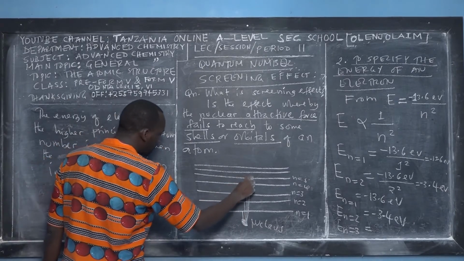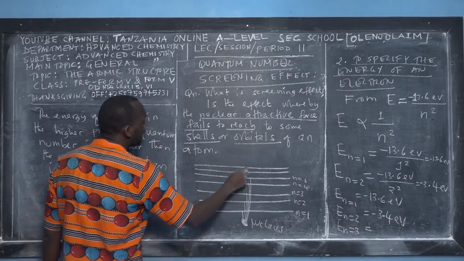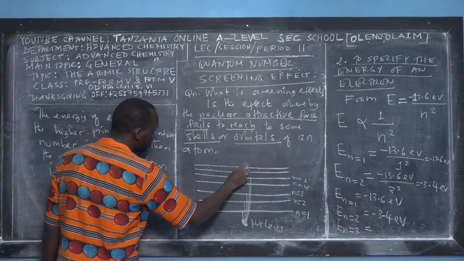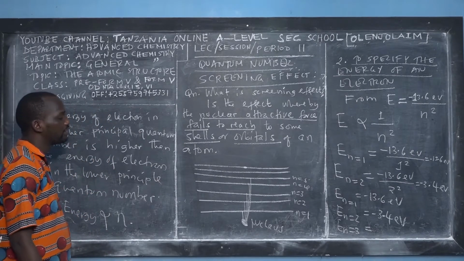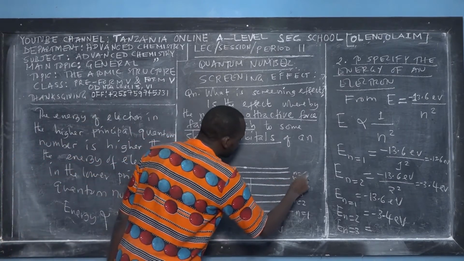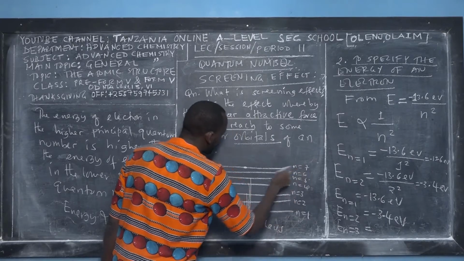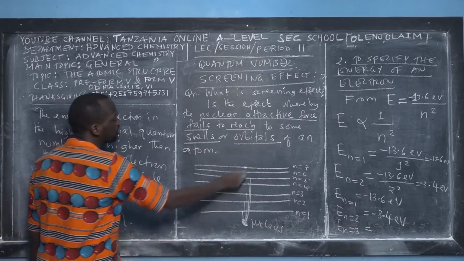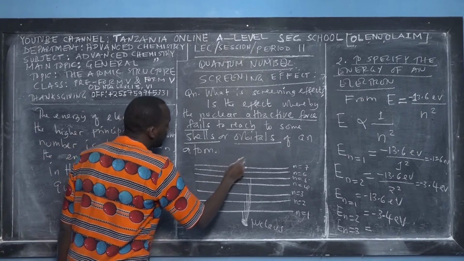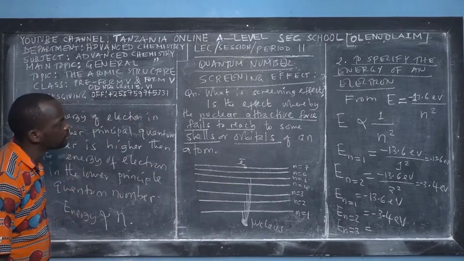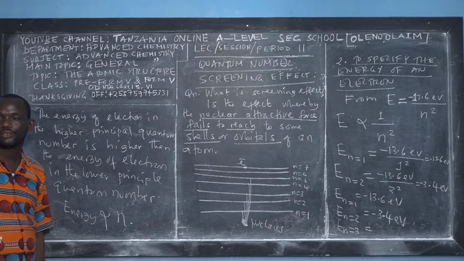Then it's getting smaller and smaller, and finally the nuclear attractive force fails to reach this energy level, let's say n equal to 6 or 7, because of the distance. When electrons are here, we say that those electrons are experiencing the screening effect.